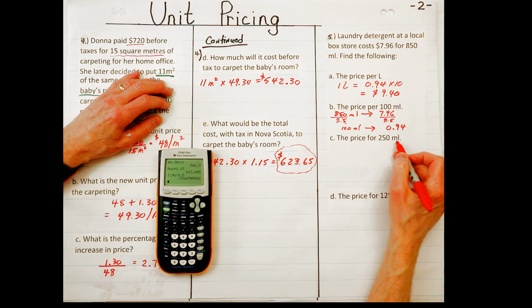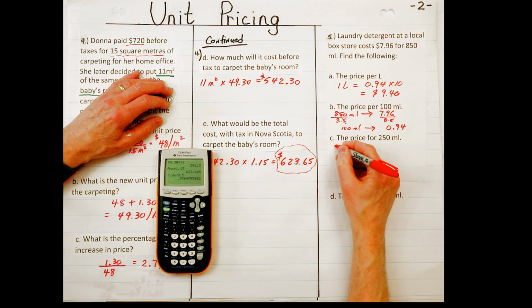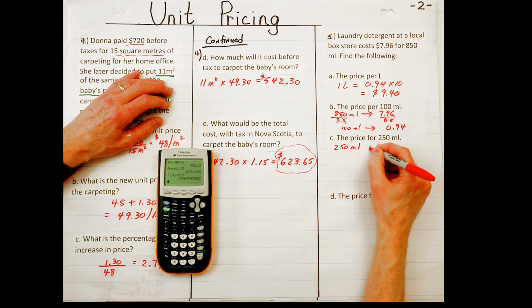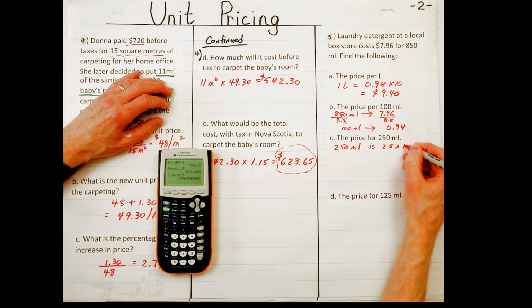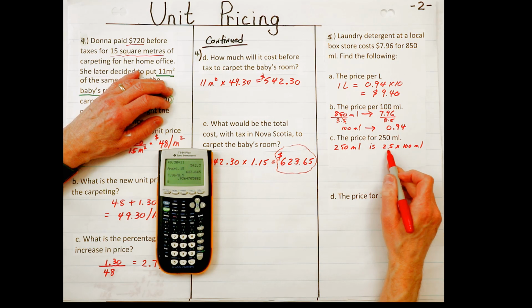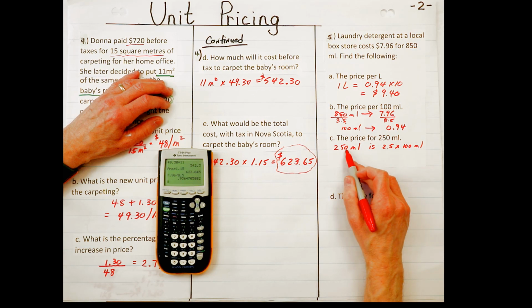Okay, what is the price of 250 mils? All right, 250 mils is 2.5 times 100 mils. So if you multiply 2.5 times 100, that'll give you 250.